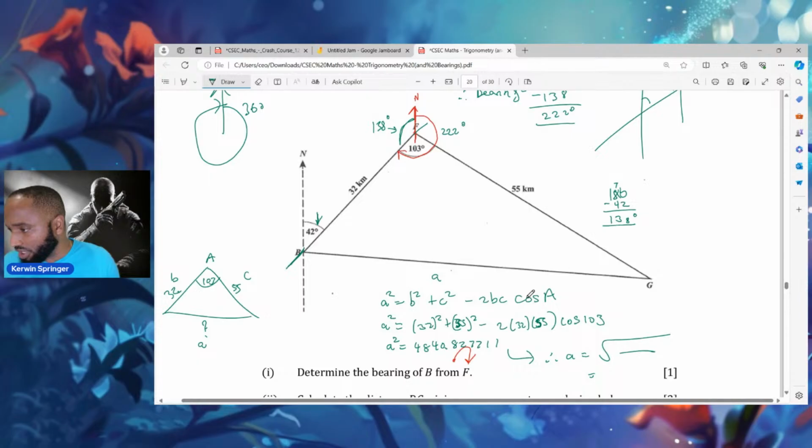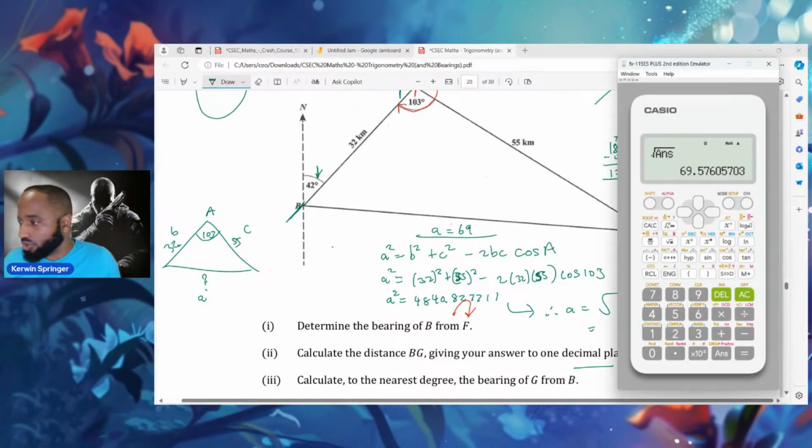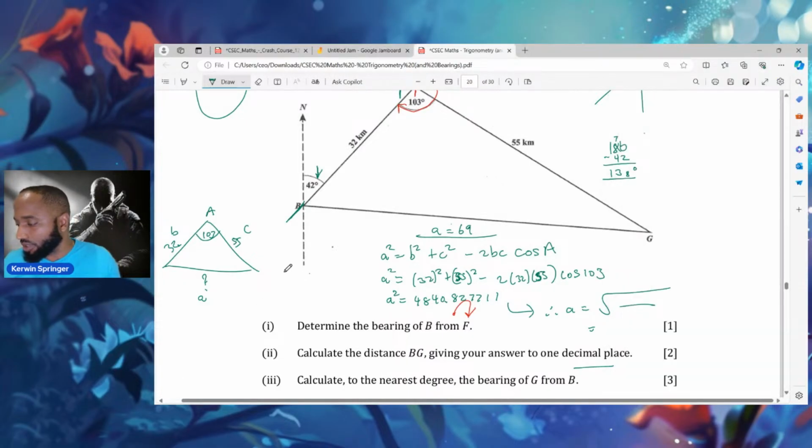Does 69 sound reasonable? Yep. A is 69, and they wanted it to one decimal place. So it's going to be 69.6. 69.6 kilometers.